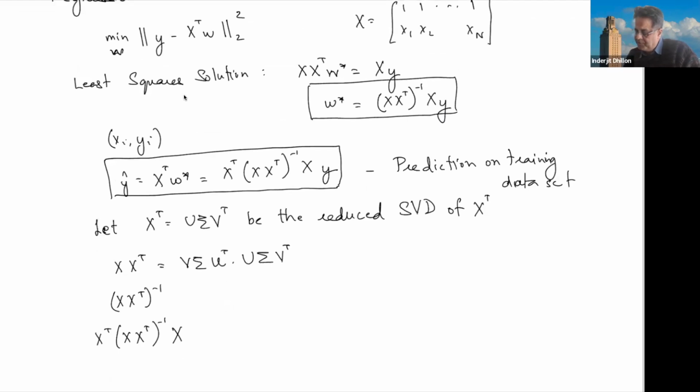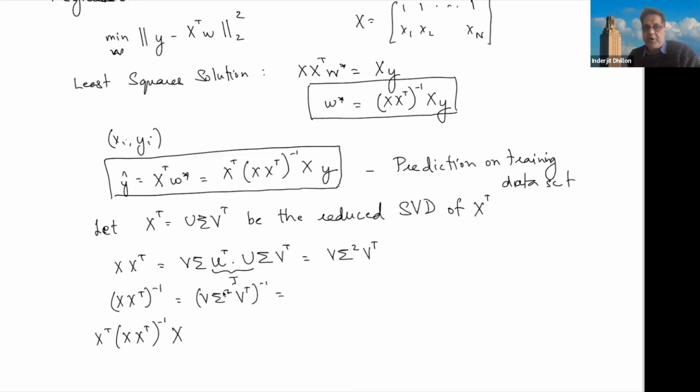Now U transpose U is the identity matrix, because U is a column orthogonal matrix. And so I have V sigma square V transpose. Now XX transpose inverse is the inverse of V sigma square V transpose, so I need to take the inverse of this matrix.